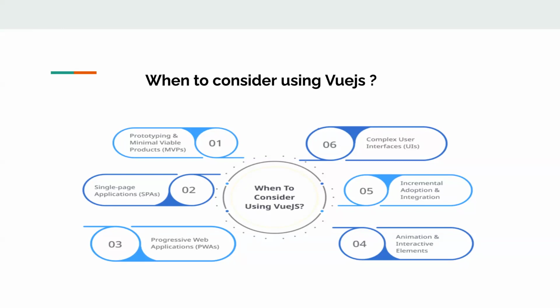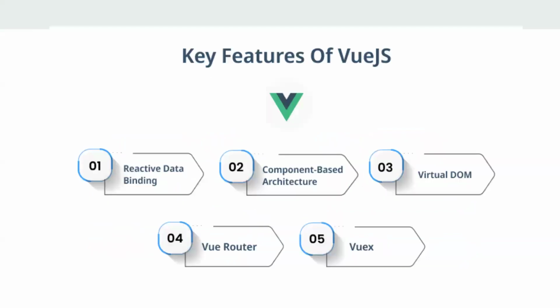In these 3 slides, I told you what Vue.js is, why we use it, and when to consider it. Next part is the key features of Vue.js. In this section, I will just note down some of them, but Vue.js has many features. I just point out some key features.